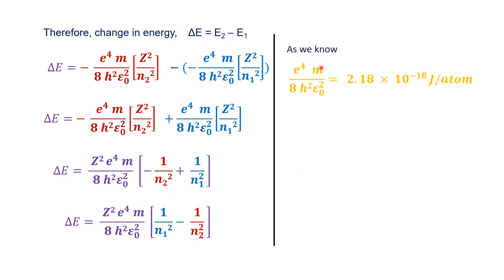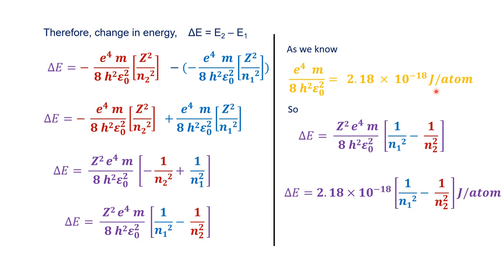Now we know e4 m divided by 8 h square epsilon naught square is equal to 2.18 into 10 to the power minus 18 joule per atom. So putting this value in the above equation, delta E is equal to 2.18 into 10 to the power minus 18, 1 divided by n1 square minus 1 divided by n2 square joule per atom.